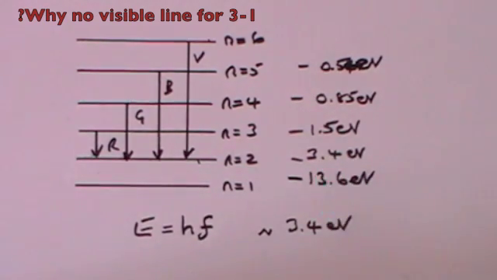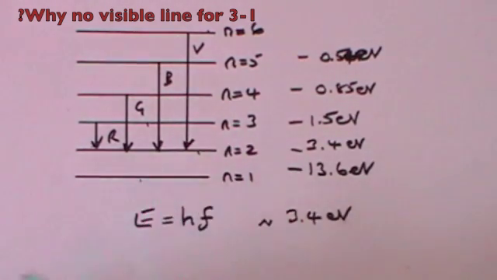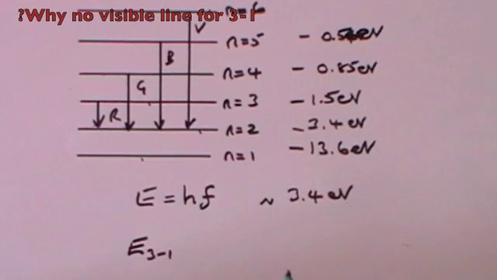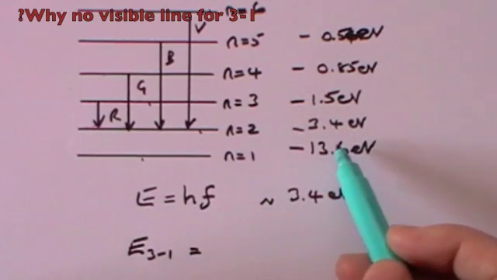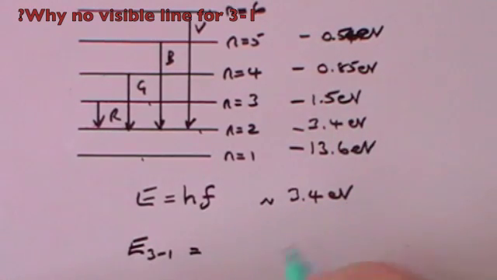Now, what is the energy transition between n equals 3 and n equals 1? The energy from 3 to 1 is going to be the difference between minus 13.6 and minus 1.5. That is going to be 12.1 electron volts.